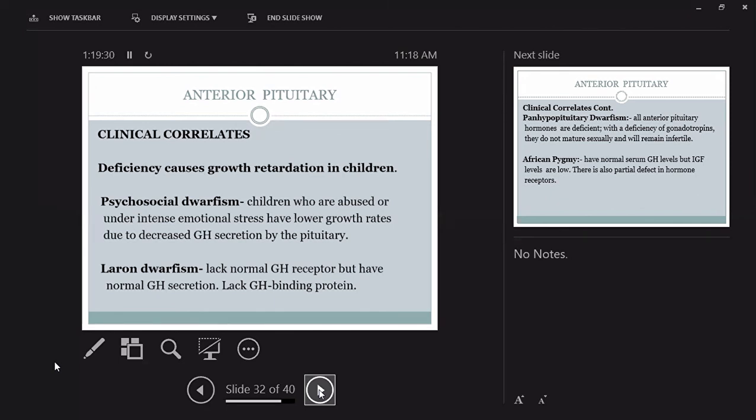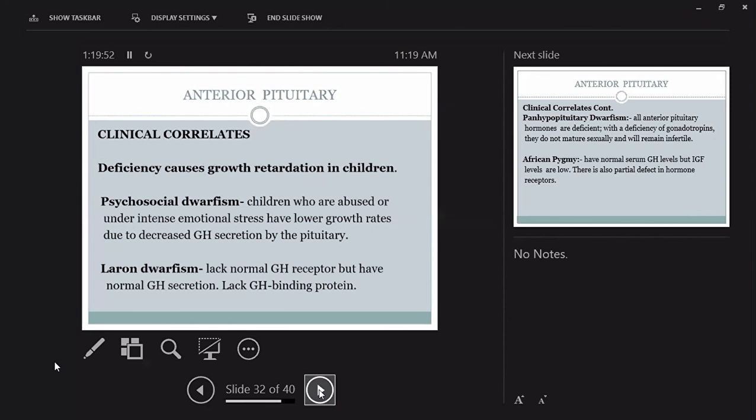So that is psychosocial dwarfism. Also, the children who are abused at home or in the orphanage are under intense emotional stress, so their growth is also stunted.